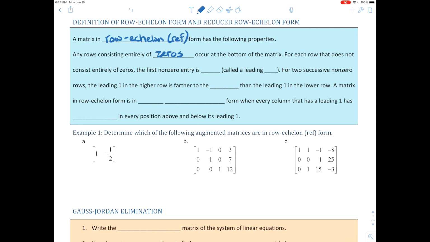They do it automatically. You would do it as a swap. But typically the way that you row reduce by hand, you end up with it that way anyway. Okay, but not necessarily. So any row of zeros would be at the bottom of the matrix. For each row that does not consist entirely of zeros, the first non-zero entry is 1. This is called a leading 1. It's also called a pivot.